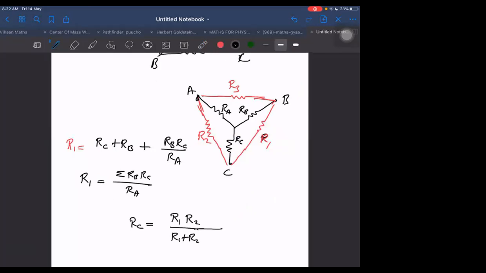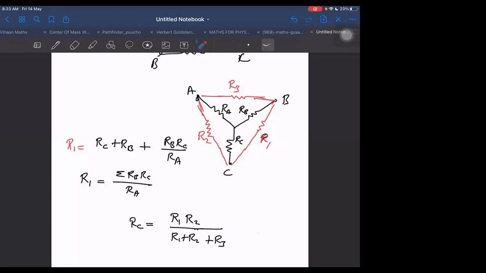But I want it to be symmetric in all. So actually it comes out to be R1 R2 upon R1 plus R2 plus R3 also. You have to remember it. Here the third will also play a role, and it is now R1 R2 upon R1 plus R2 plus R3.